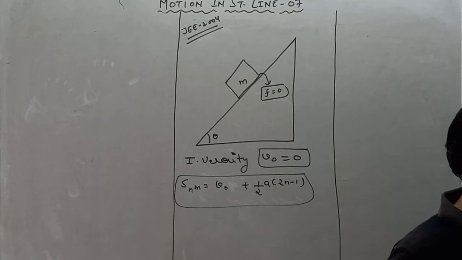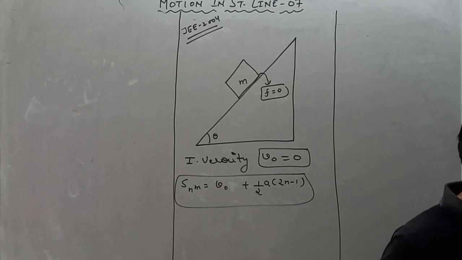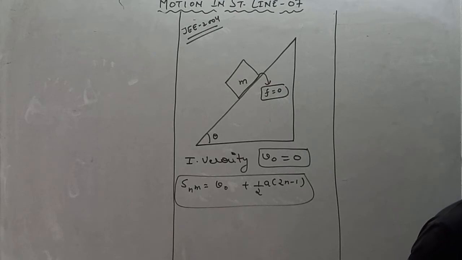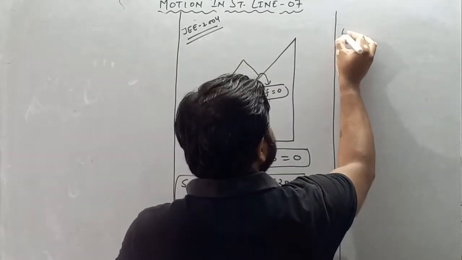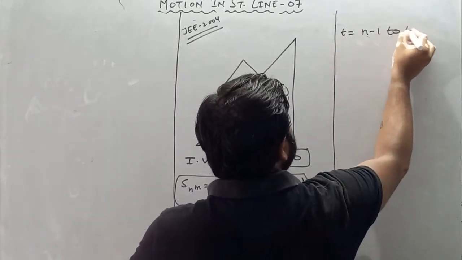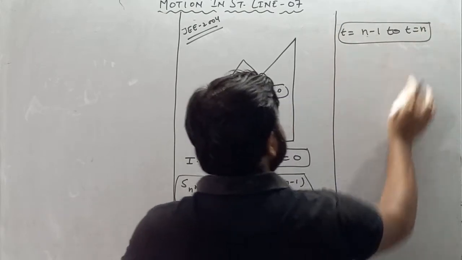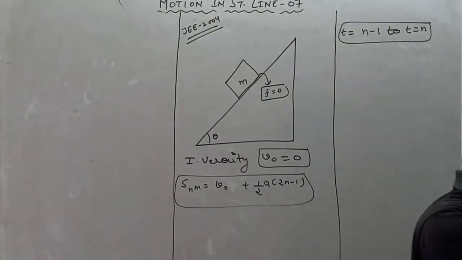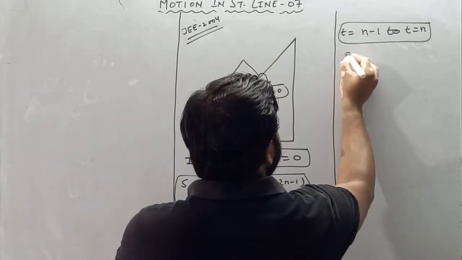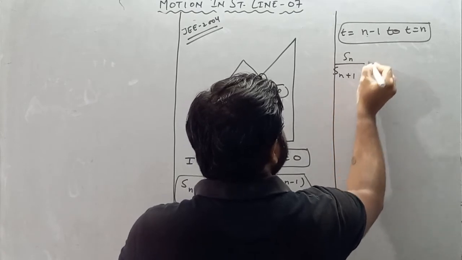Let Sn be the distance traveled from t equals n minus 1 to t equals n.